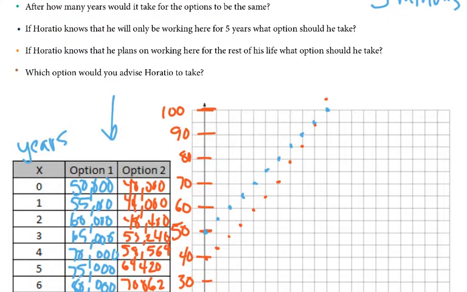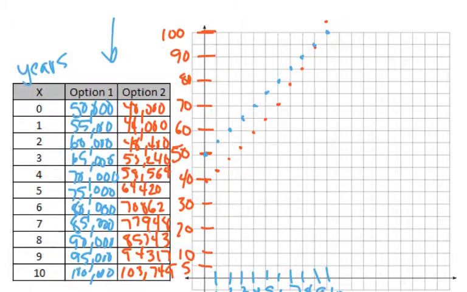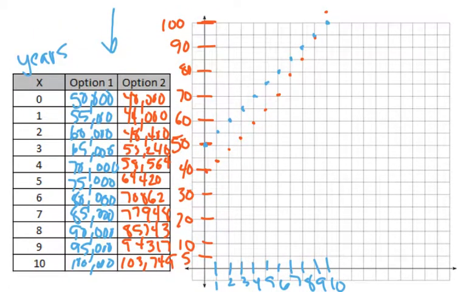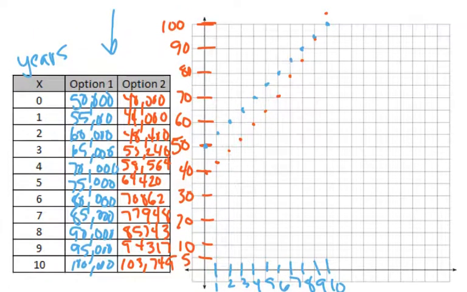about how many years would the options be the same? Okay. So, take a minute or two and answer that. Pause it if you need to, if you need some more time. What we should notice is, and maybe it would be helpful to actually draw the lines this time to help us visualize that.